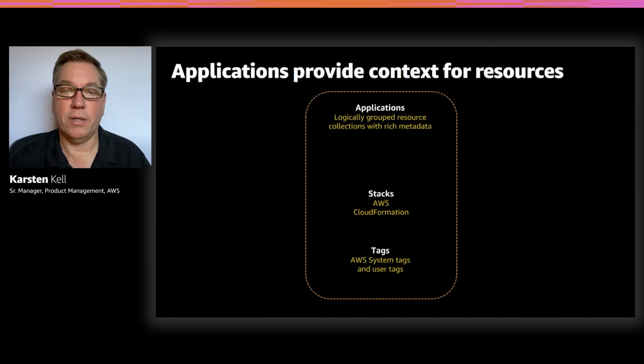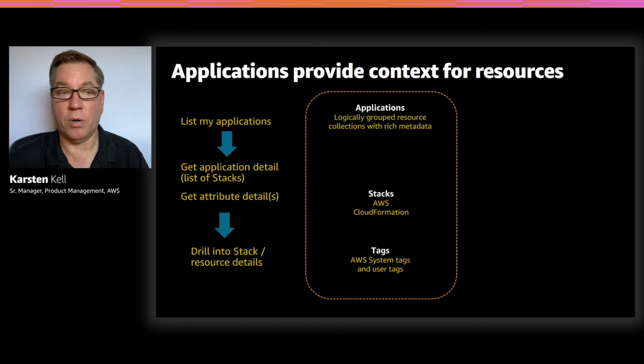So I've talked a little bit about this application registry and the definition of applications providing context for resources. So again, if we go down the stack here, at the top level is applications, then your resource collection stacks in this case, and then at the lower level, the resources themselves along with the AWS constructs like tags. So as an administrator or potentially a business unit owner or IT manager, I can list my applications.